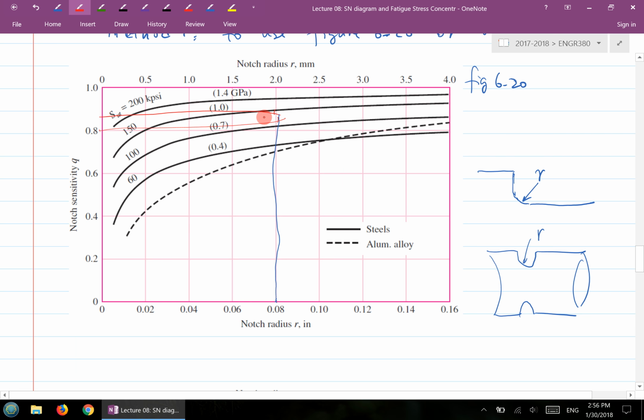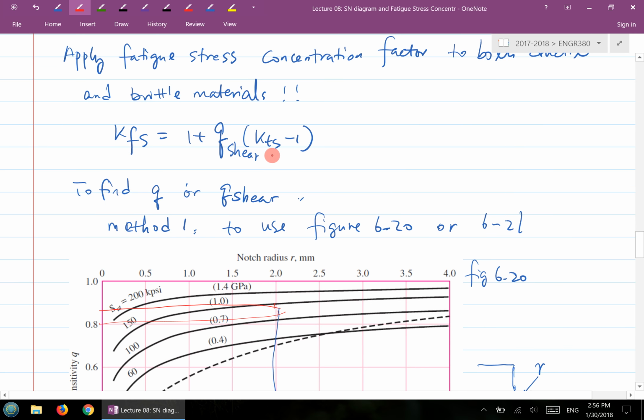KT is the static stress concentration factor. To find KT, we went over the exercise: there's appendix A-15-something for various types of loading conditions, and you can find a KT value from there.